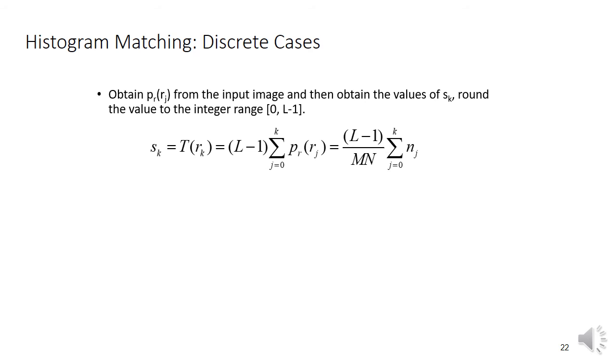Here it is equal to (L-1) over MN times the summation from 0 to k of n_j.